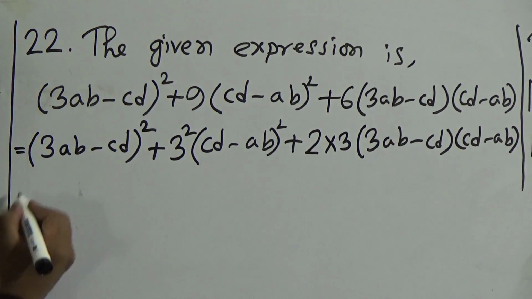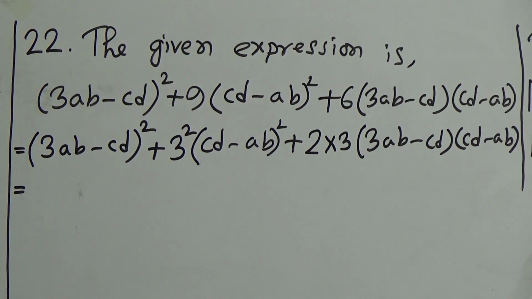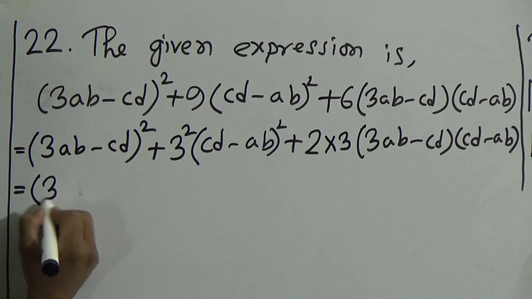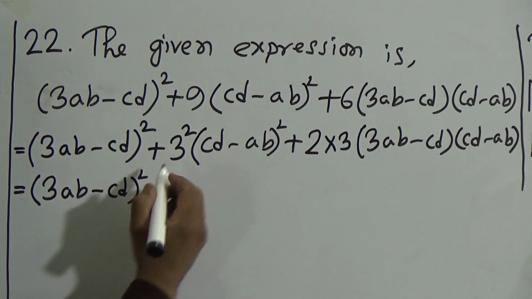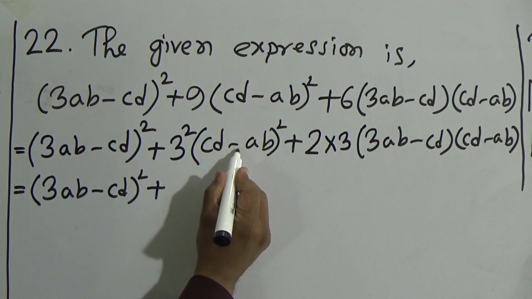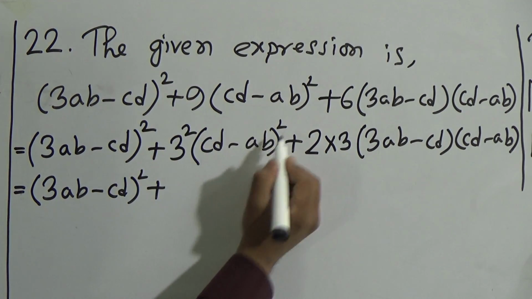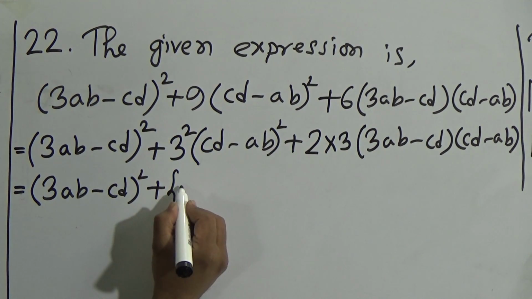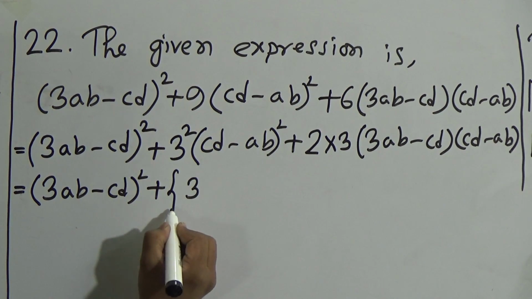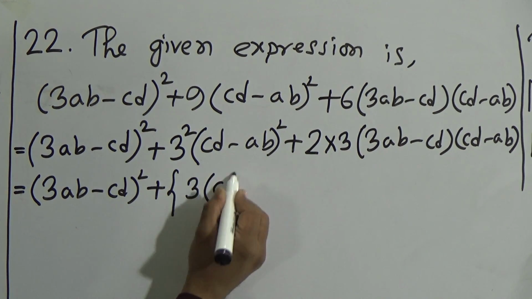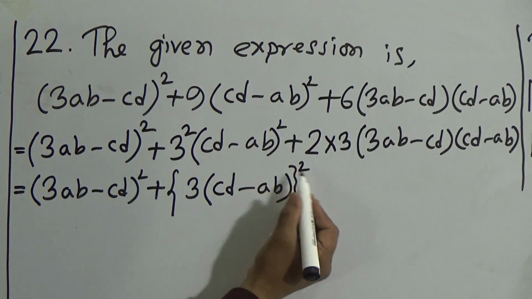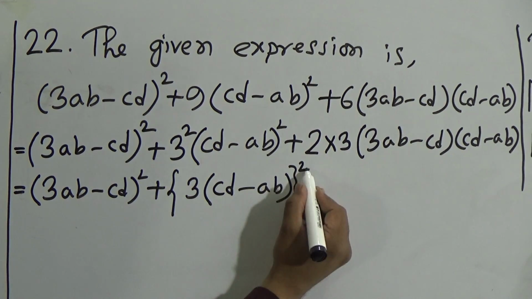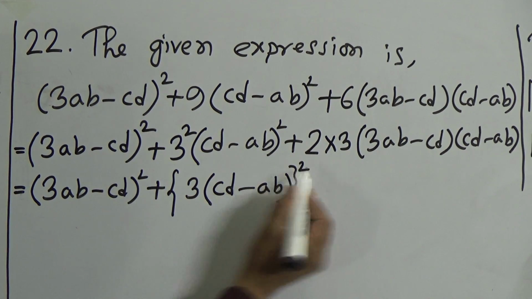Now dear students, we need to create the formula now. How we can create the formula is 3ab minus cd whole square plus this 3 into cd minus ab, both has a square, so we can write down as like this within the second bracket, 3 into cd minus ab whole square. This means that this 3 has a square sign and cd minus ab also has the square sign.